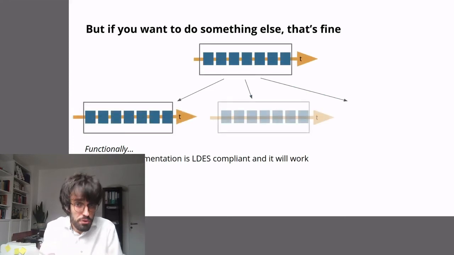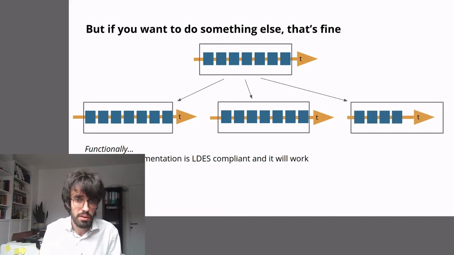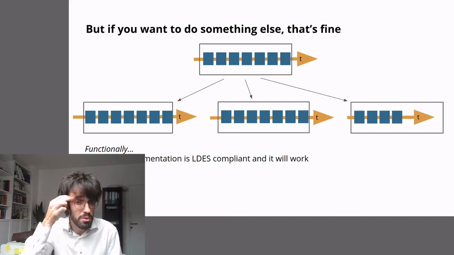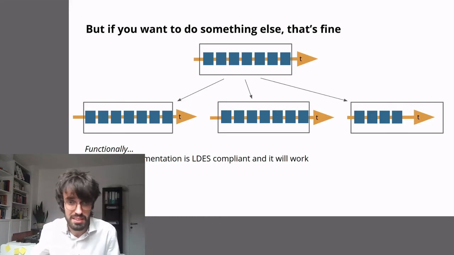And if you want to do something totally different, for example, as I said, you host a data set for Belgium and the Netherlands together, but you always see that people are interested in Belgium and the Netherlands separately. You can of course just host multiple linked data event streams and interlink them with tree semantics. Have a different tree like that.